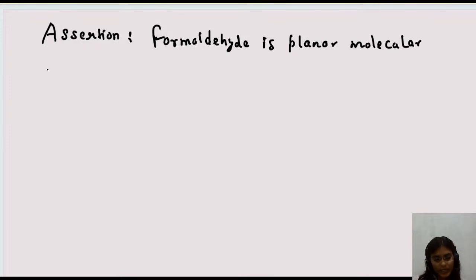And the reason says it contains sp2 hybridized carbon. Option one: both are correct, and the reason is the correct explanation of the assertion. Option two: both are correct, but the reason does not explain it properly. Option C is correct, B is not correct. C says the assertion is incorrect or the reason is correct. Okay then, what do you think about this?